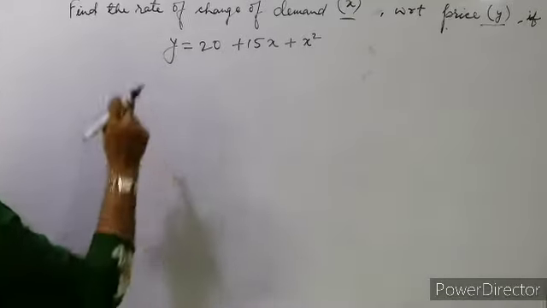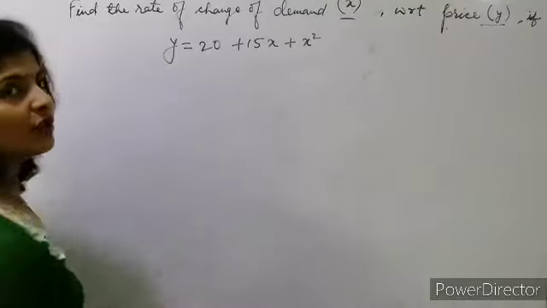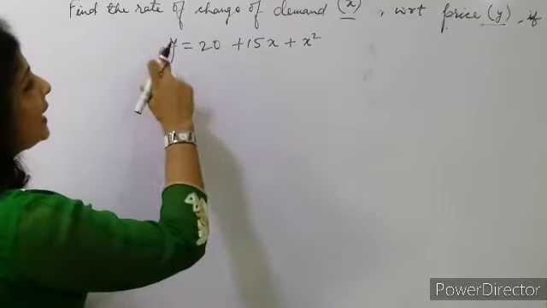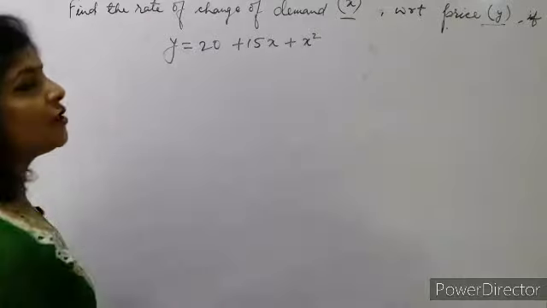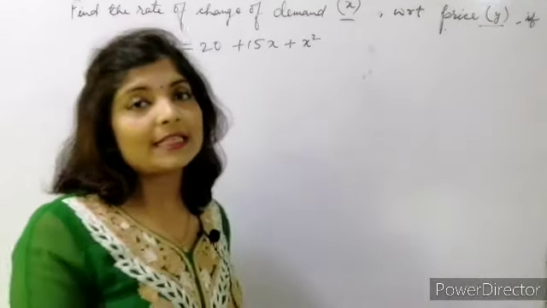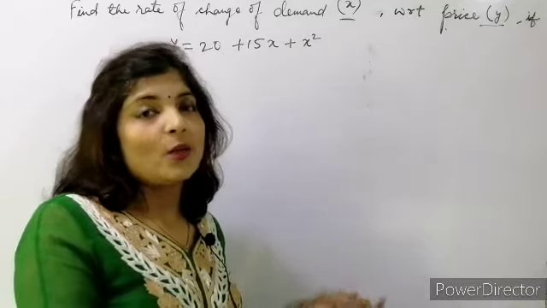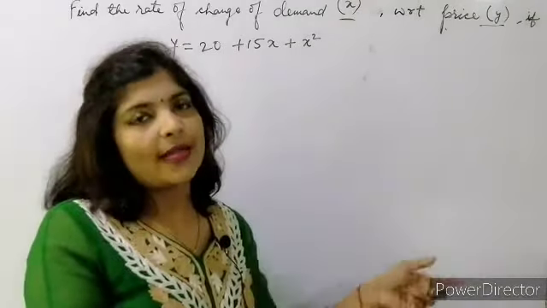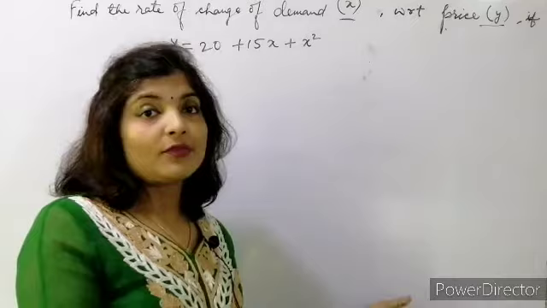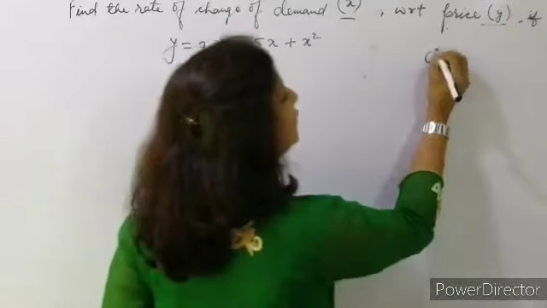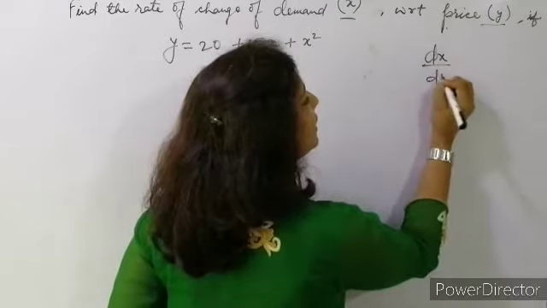But in this case, y is given as a function of x, and we have to find the rate of change of demand x with respect to price y. So we have to find the derivative of x with respect to y. Basically, we have to find out dx upon dy.